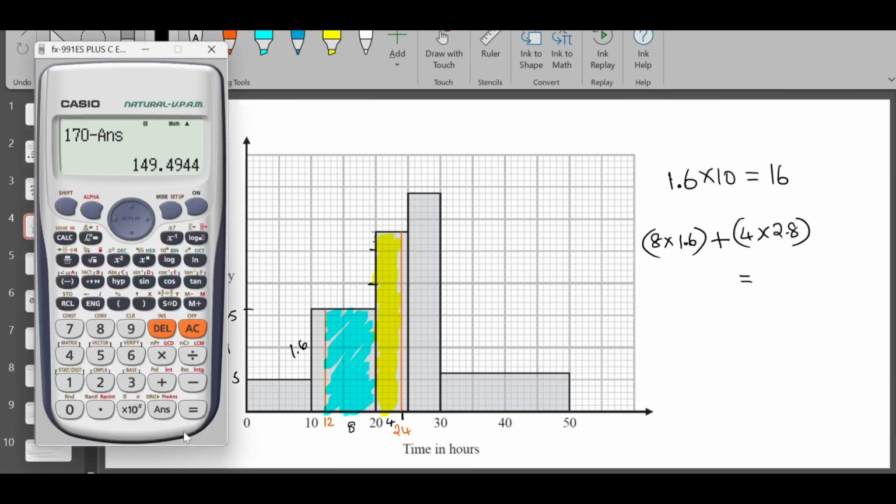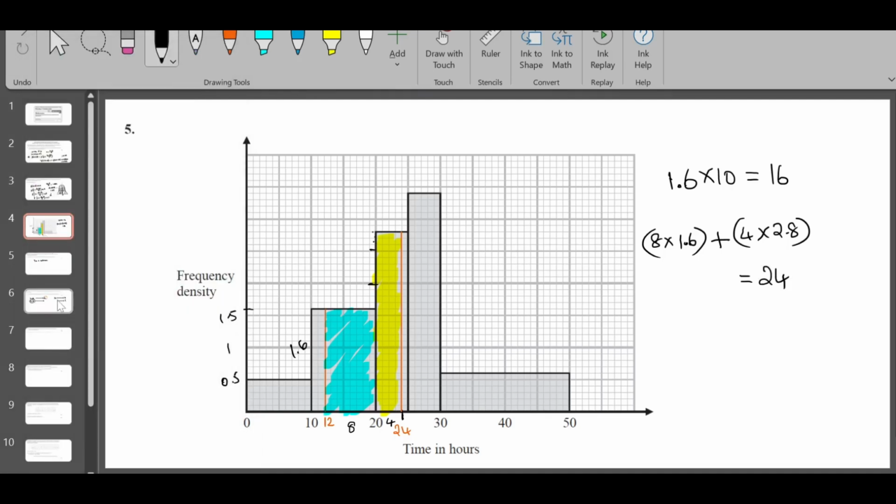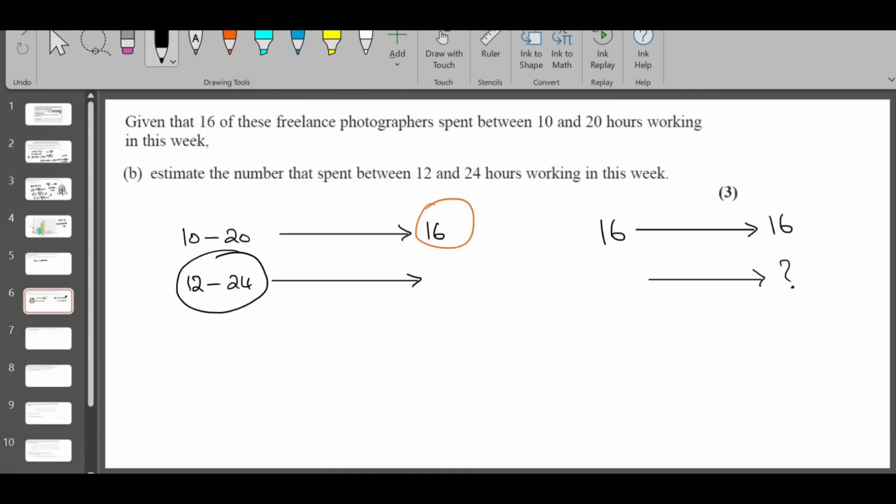So I'm going to calculate 8 times 1.6 plus 4 times 2.8. I got 24 as the area. 24 is the area, right? So 16 represents 16 people, 24 represents 24 people, right?